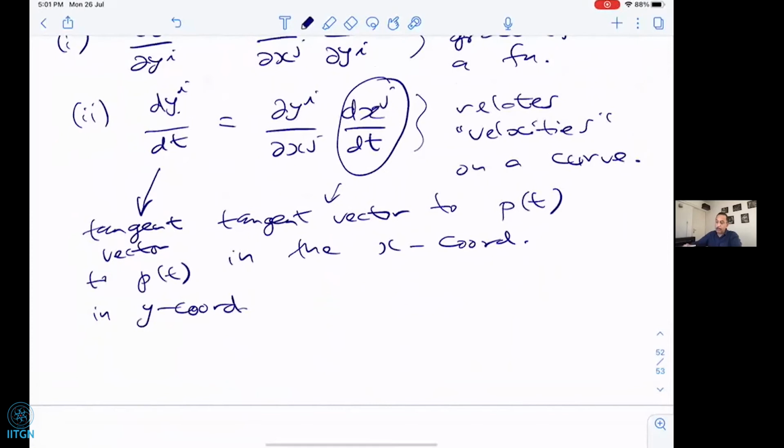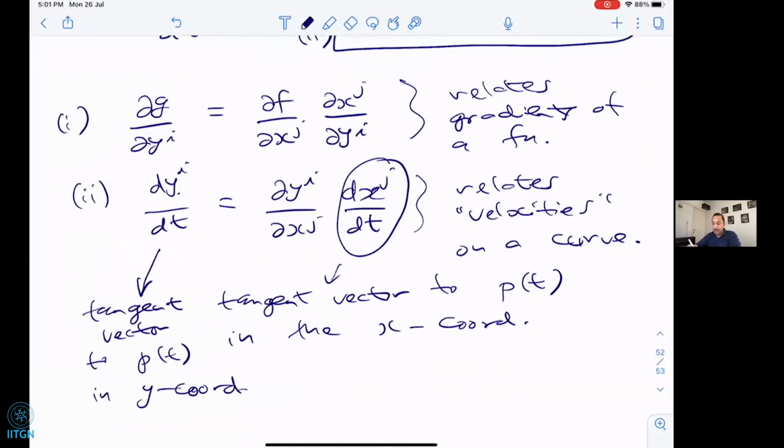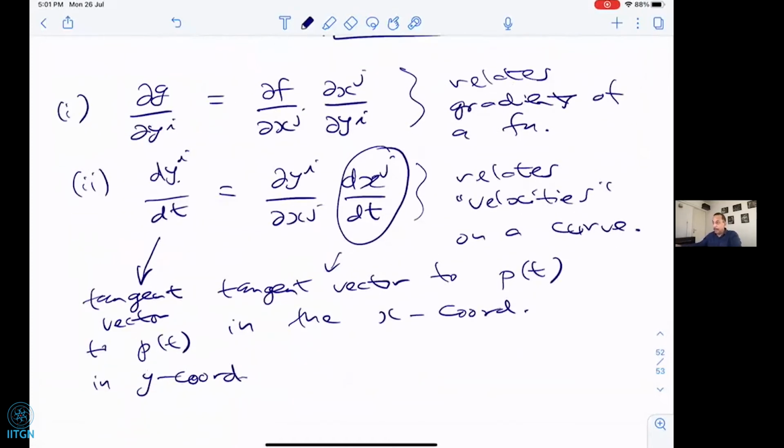The relation between the tangent in x and y coordinates is given by this formula. As far as the gradient, we haven't yet given it a name, and we'll come to it in a minute. Let's focus on the tangent vectors because these are interesting.